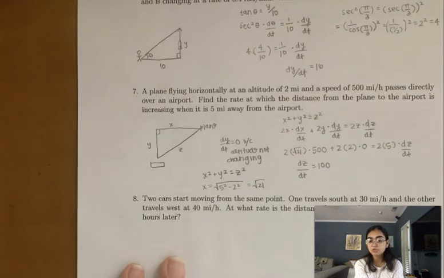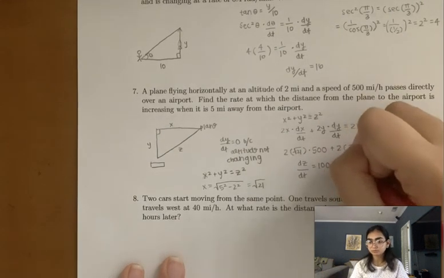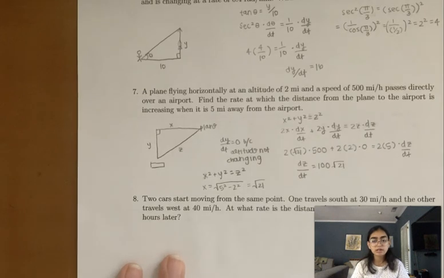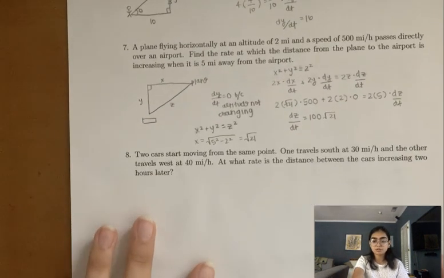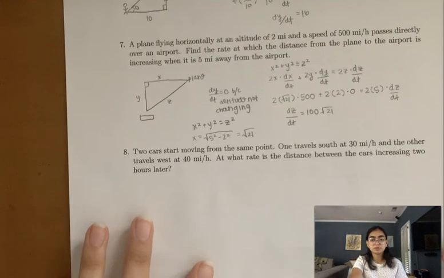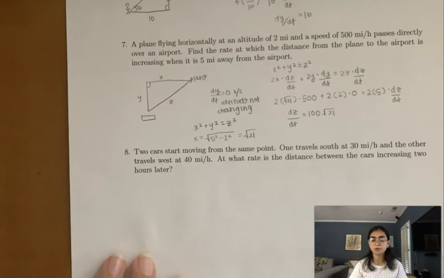And that gives us 100 square root 21. If you want, you can plug that in your calculator and get a number without a square root, but I just left it as is because we can't simplify square root of 21 any further.